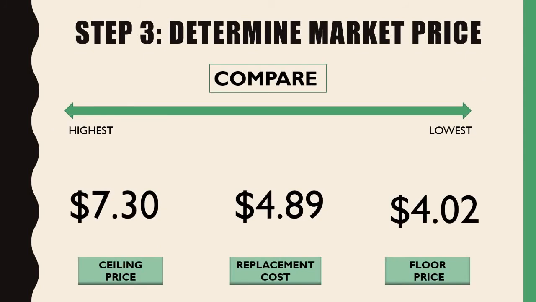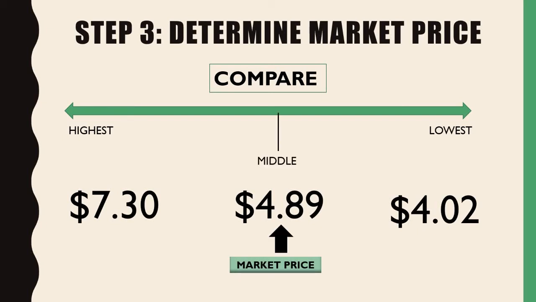We're going to place it on a number line just like this. We're going to compare my ceiling, my replacement cost of $4.89, and our floor price of $4.02. Which one's in the middle? Your replacement cost is in the middle, right? That's what we're looking for.